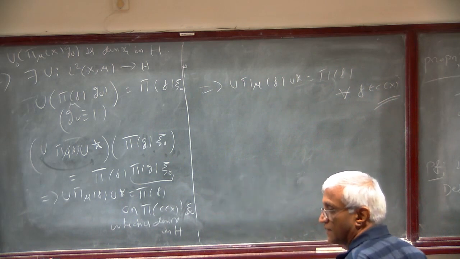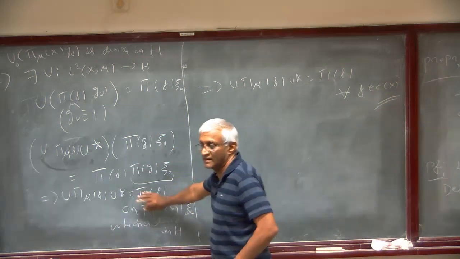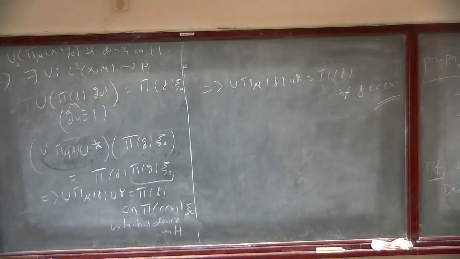This is clear now why I am doing this. I define a unitary operator. I'm repeating the same thing, but that is how it is defined. We have a dense subspace generated by this representation acting on the cyclic vector. You act the representation on the cyclic vector, and that defines the dense subspace.